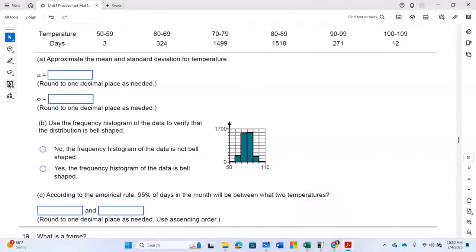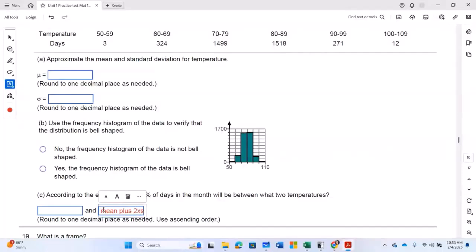This point here is mu plus 2 standard deviations. So let me just type it here. This point right here is mu plus 2 times standard deviation. Do you follow?